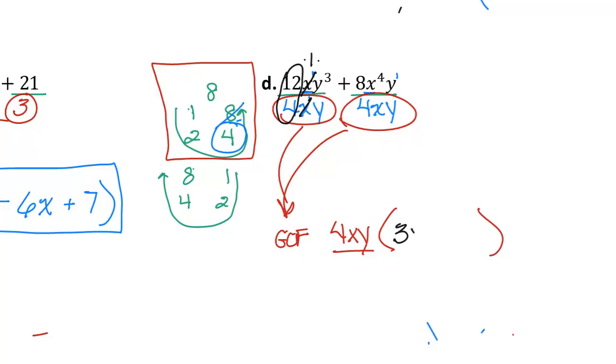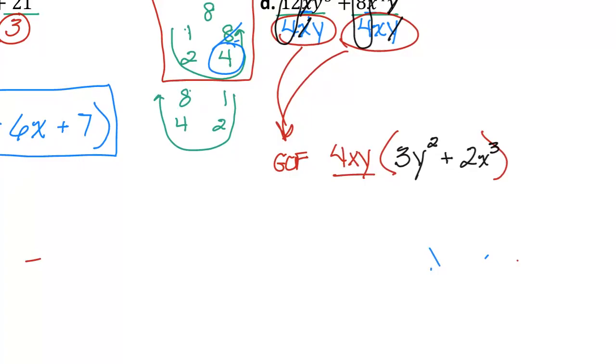Y to the second. And plus 8 divided by 4 is 2. X to the fourth divided by x is x to the third. And y divided by y, there are no more y's left. So this is your final answer.